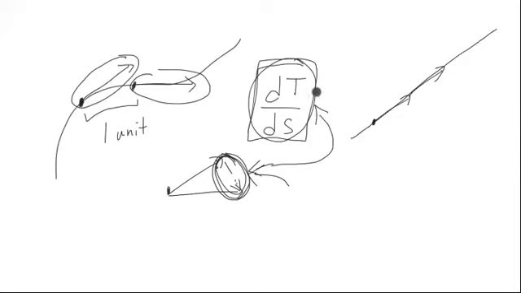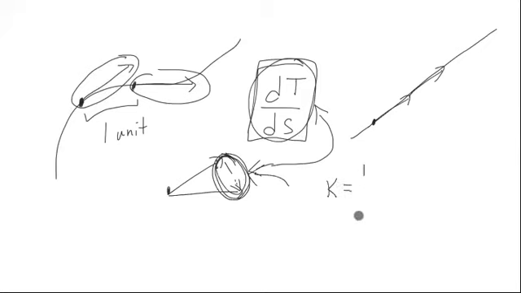So the length of the derivative vector of the unit tangent vector with respect to arc length measures how much the curve or path is curving.